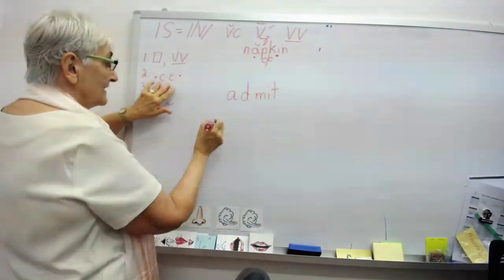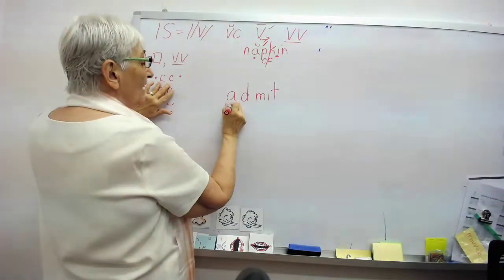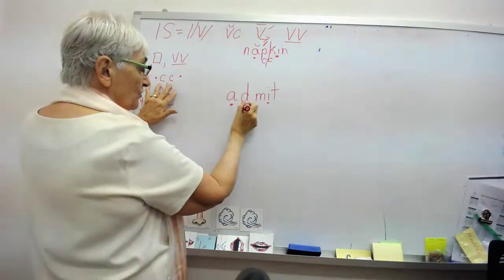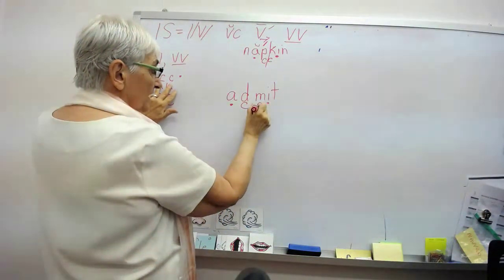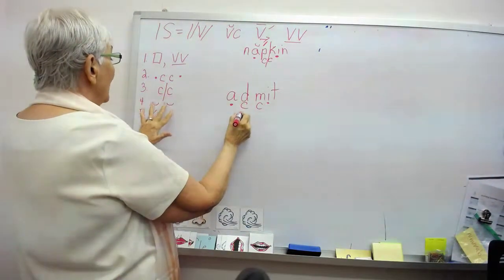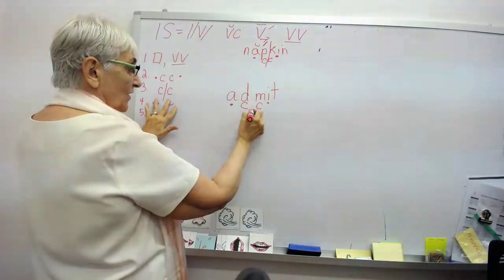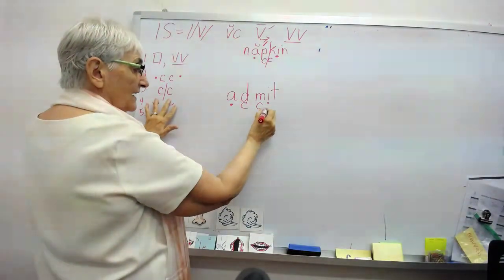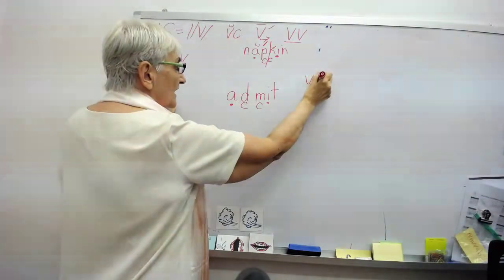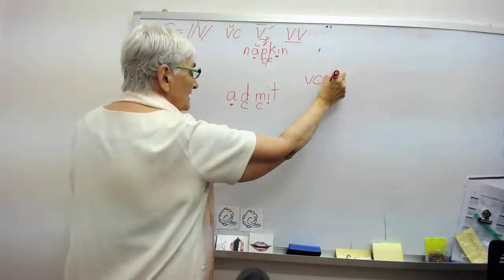My pattern is A is a vowel, I is a vowel. There are two consonants between the vowels, so I code with a C, and then I divide the word. I know that I usually break when I have this pattern of a vowel, consonant, consonant, vowel.